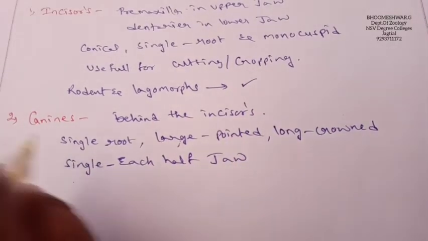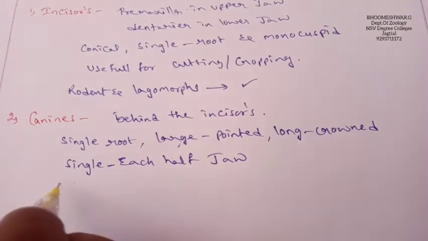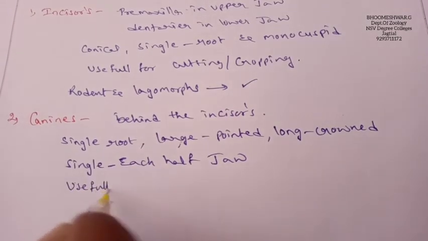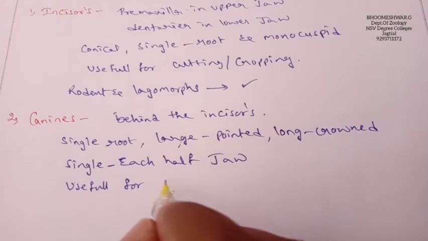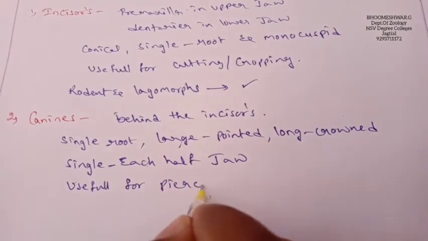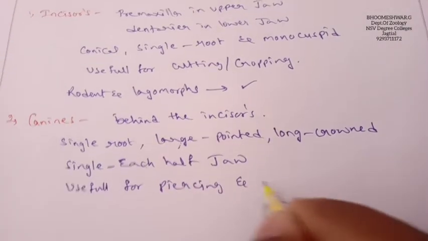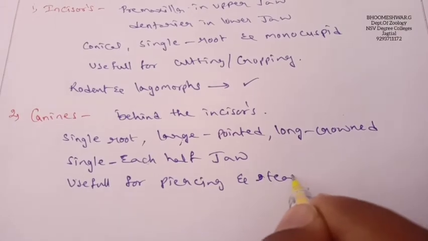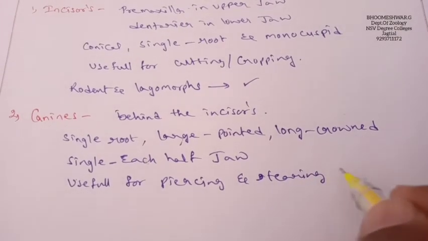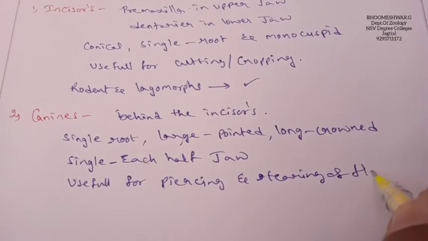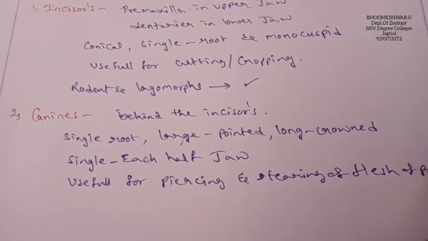And these canines are mainly useful for piercing and tearing the flesh of prey.